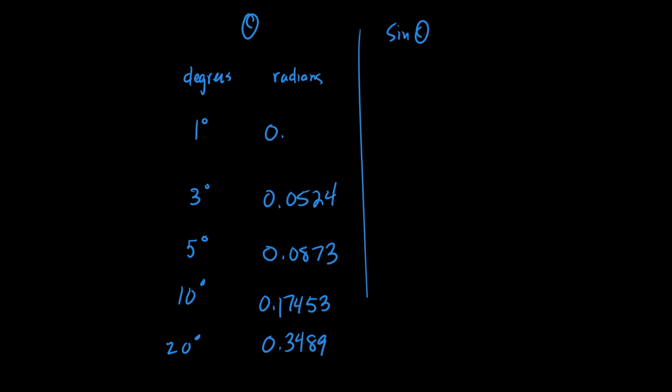And 1 degree, 0.017. All right. This side, you guys do the sine of 1 degree, 3 degrees, 5 degrees, 10 degrees, okay? You guys do the sine of the radian part.